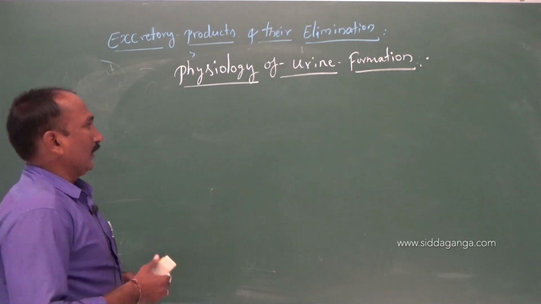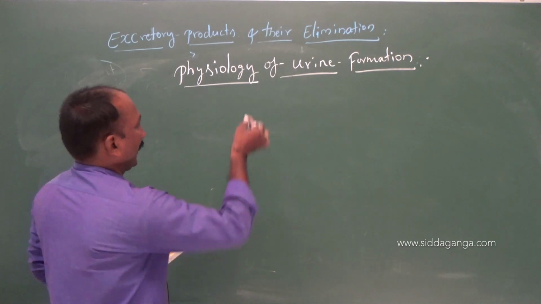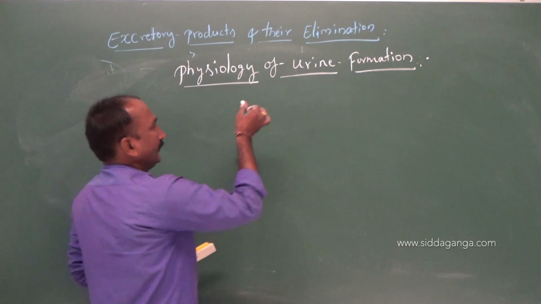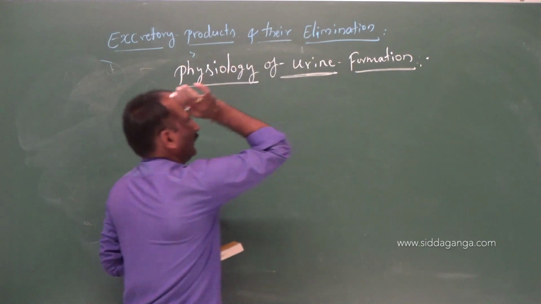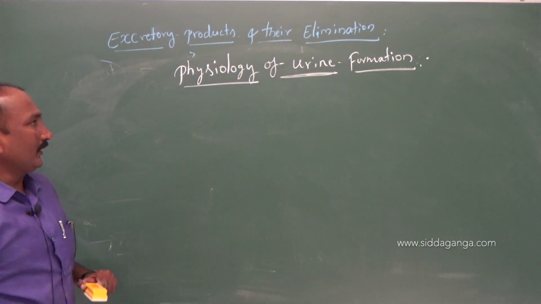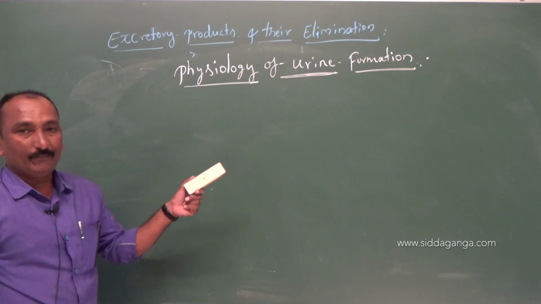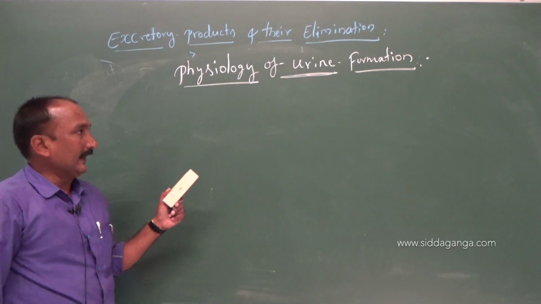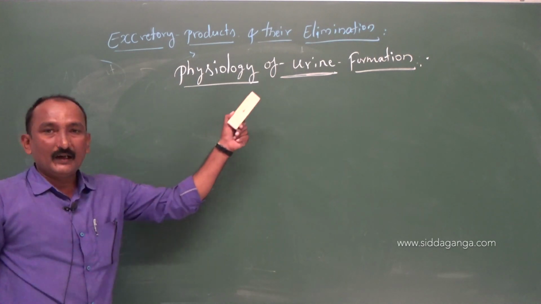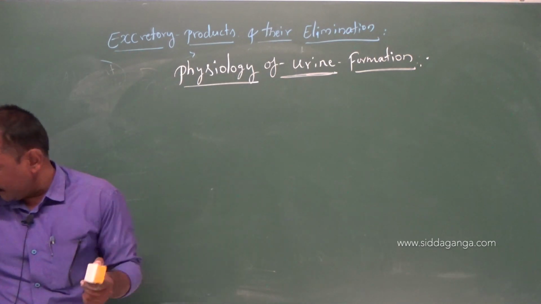Each nephron is involved in the formation of urine. How this urine gets formed within the kidney by the help of the nephron can be studied under the physiology of urine formation.